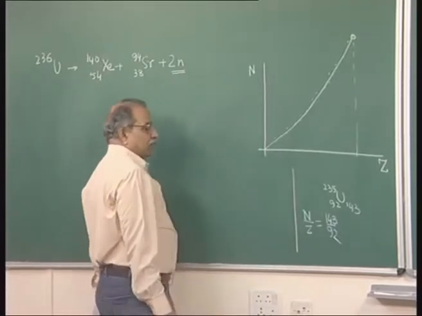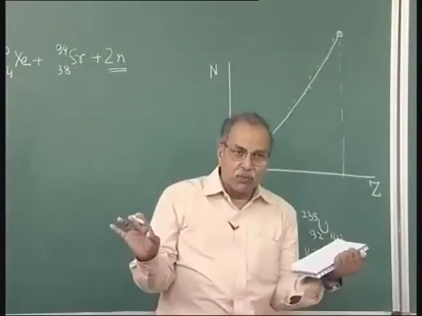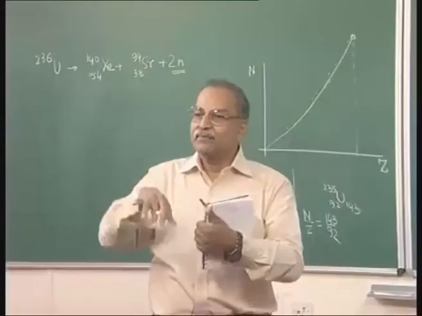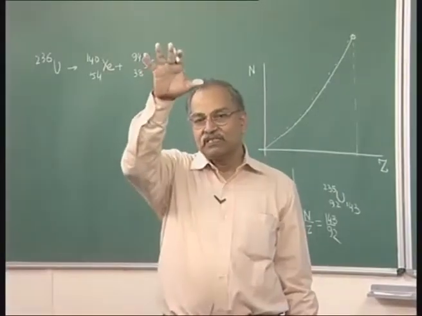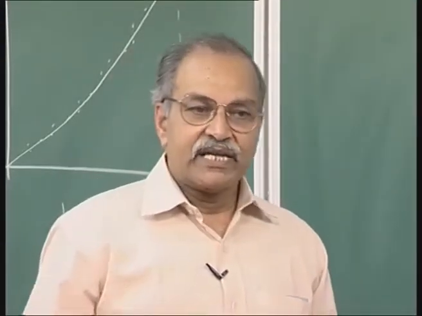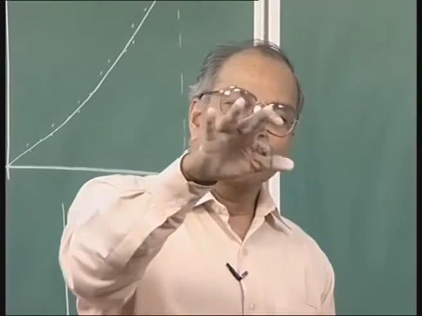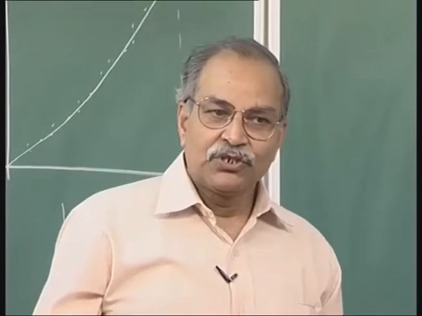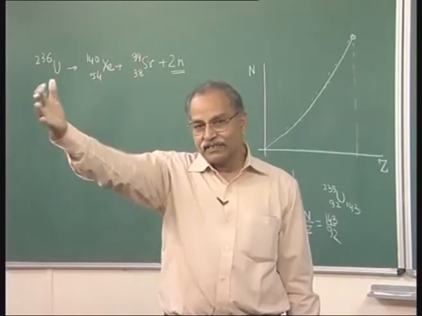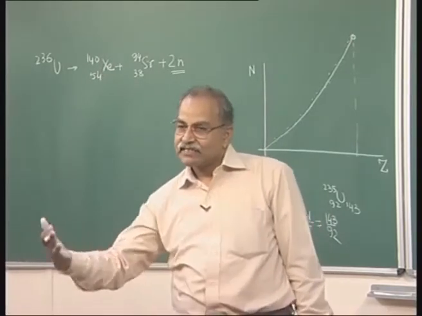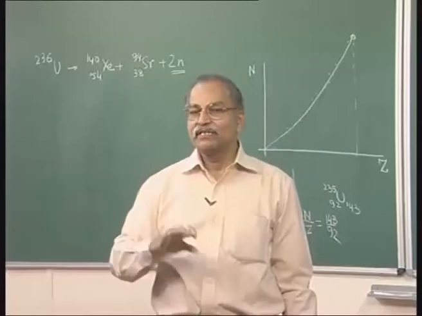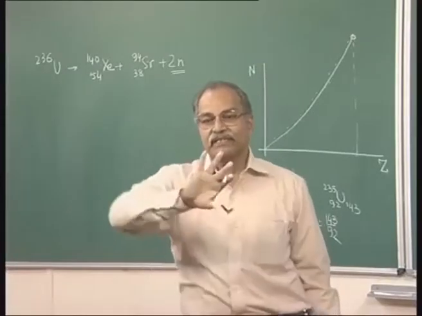Now, when this nucleus splits into two parts, assume they split equally. You have Z total protons in the beginning, which get distributed as Z1 and Z2, and N neutrons that get distributed as N1 and N2. If that division is in the same ratio, Z1 N1 here, Z2 N2 here, the same ratio, it is just a split. Initially it is all uniformly distributed neutrons and protons, and then you take one portion here and one portion there.